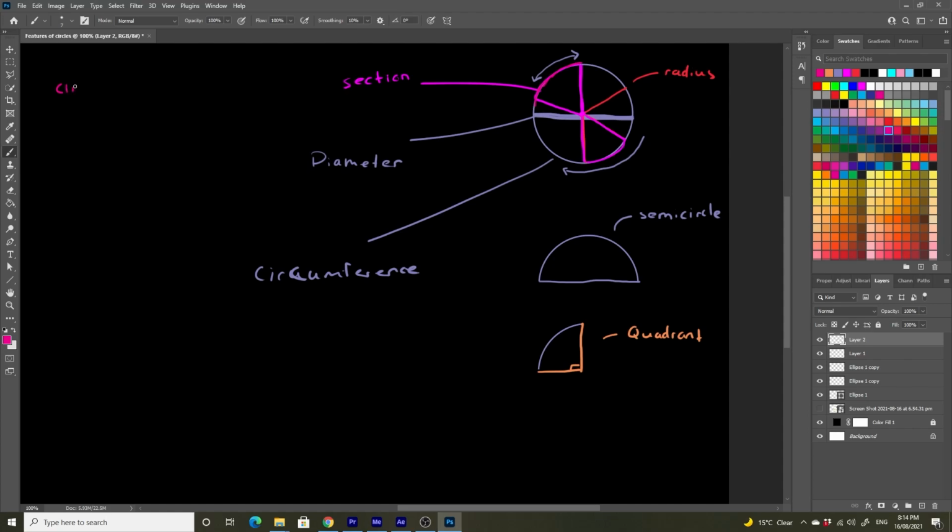And so the circumference of a circle is equal to 2 pi r, and we remember from algebra that hidden between all of these terms is actually a multiplication symbol. So this is really equal to 2 times pi times r, where r is our radius.